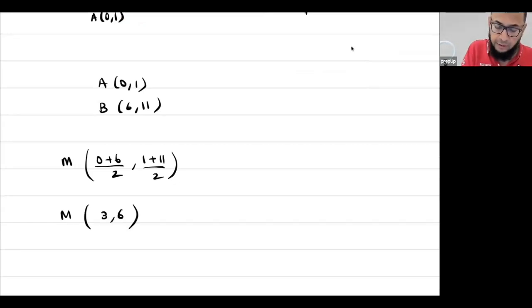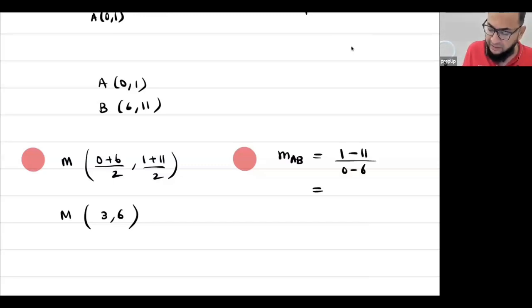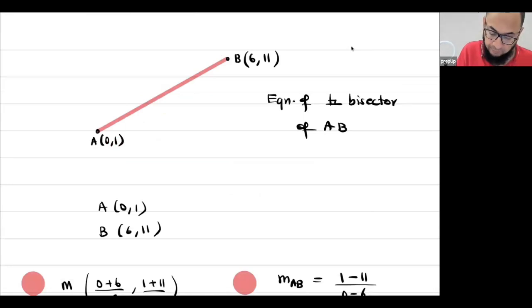That's the midpoint, so the first step is finding the midpoint. The second step is finding the gradient of AB, that is 1 minus 11 over 0 minus 6. 1 minus 11 is negative 10, 0 minus 6 is negative 6, that comes out to be 5 over 3. That is the gradient of this line.